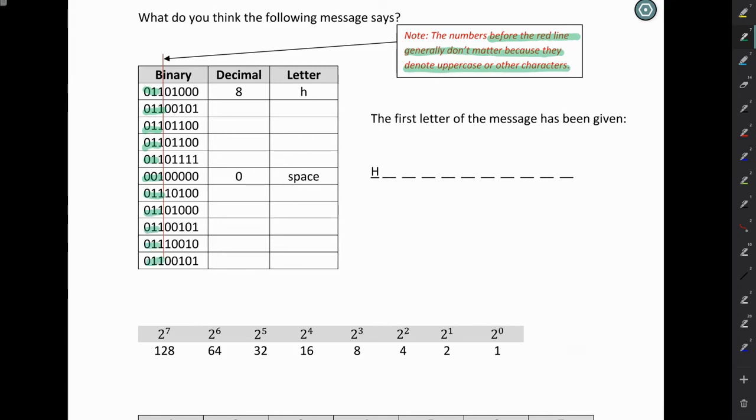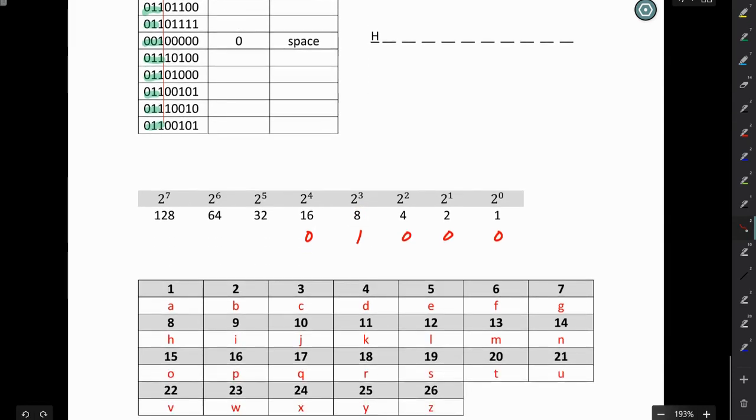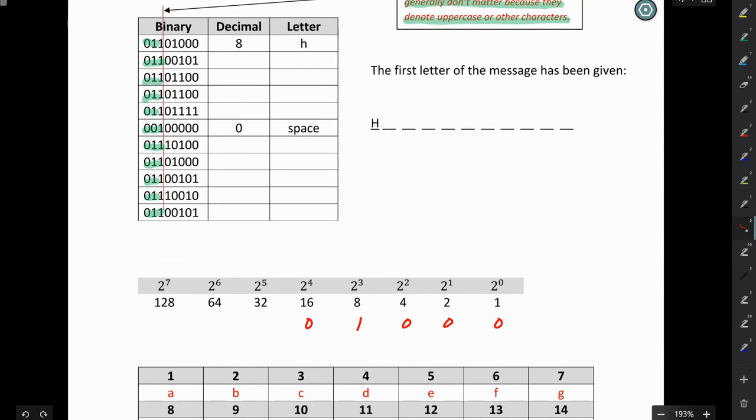If you were to look up the value of the first binary number, we have 3 zeros, a 1, and a 0. Okay, so that means that the number 8 is turned on. We're going to go down and find number 8, and 8 equates to letter H. So the first letter in our message is H. All right, let's do another one.